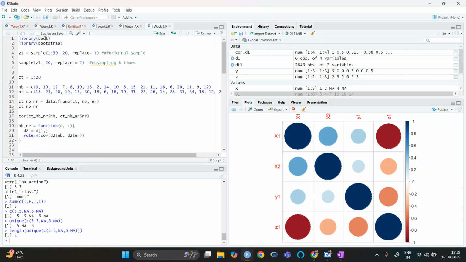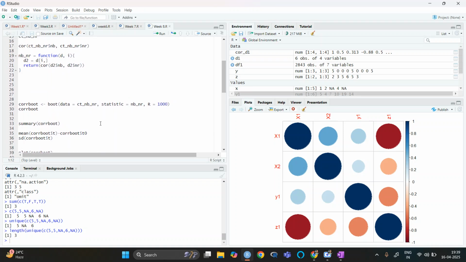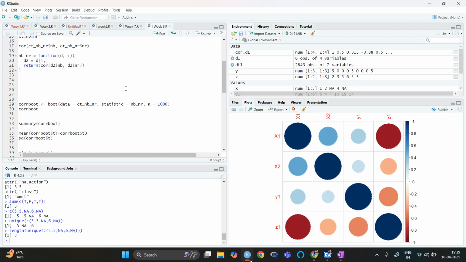Yeah, install. So we have used this boot package here. The boot package we have used for finding the statistic of all these, estimating the standard error and so on.